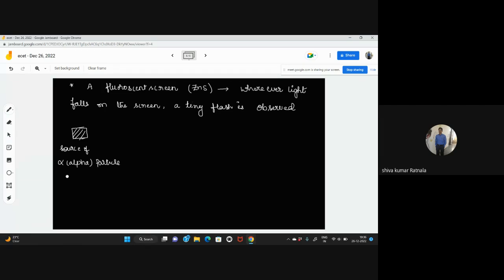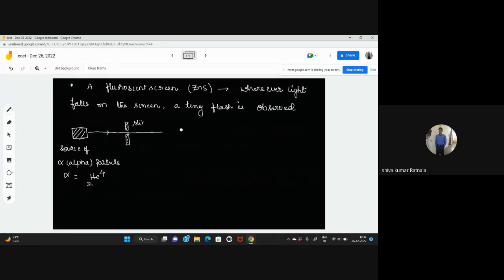When these alpha particles pass through a slit like this, this is the slit we can say. So alpha particles are moving like this, like this.